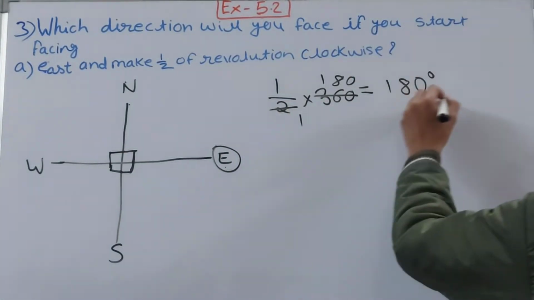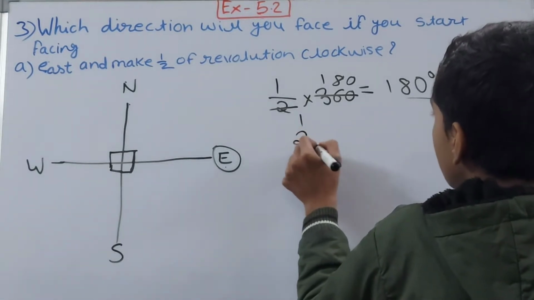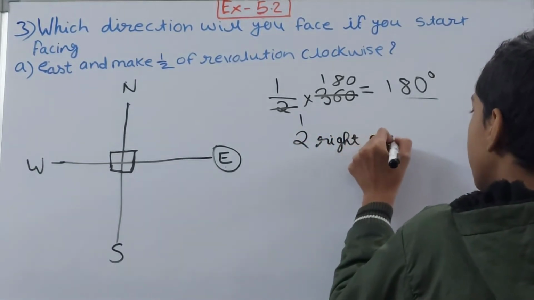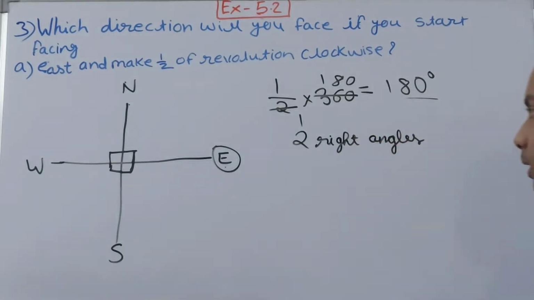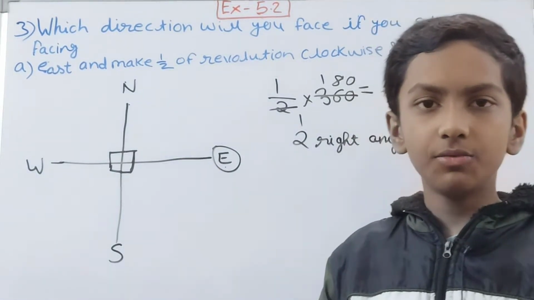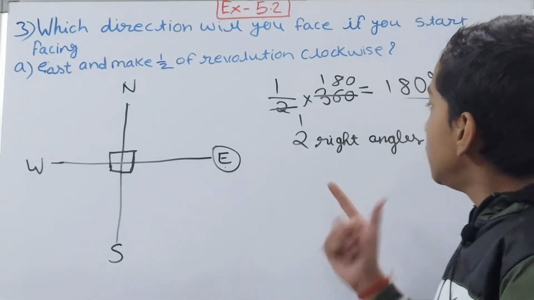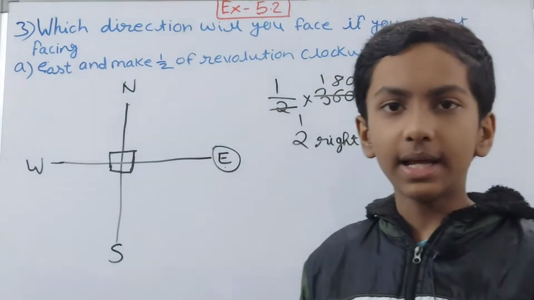Now you have 180 degrees, that is two right angles, right? By that I mean one right angle is of 90 degrees, so two will be of 180, right? Now you have to move two right angles here.